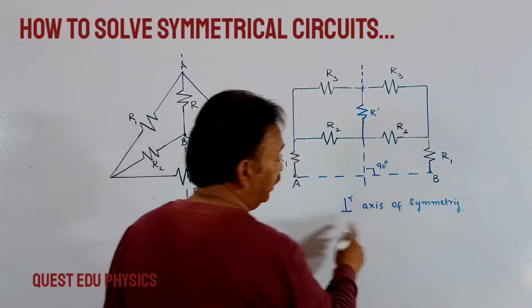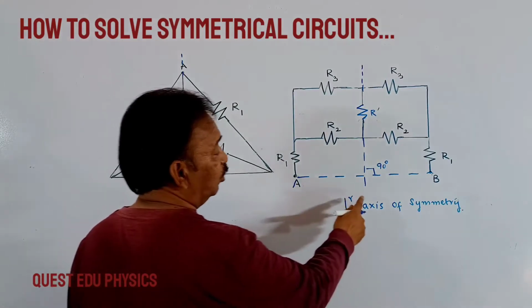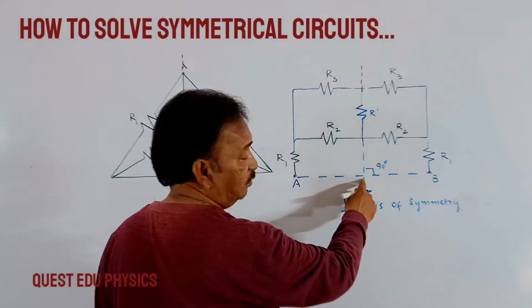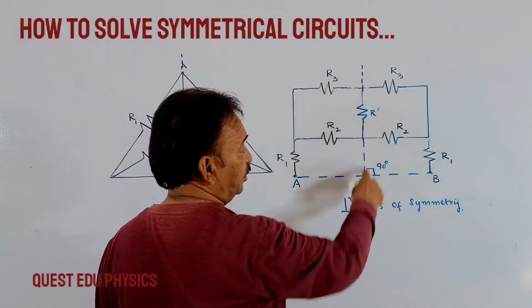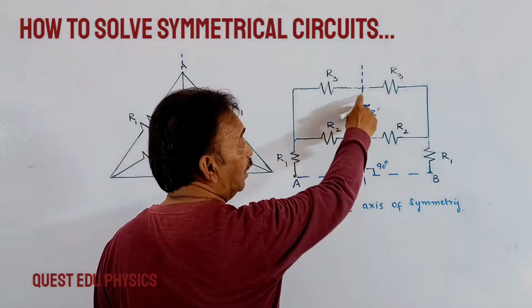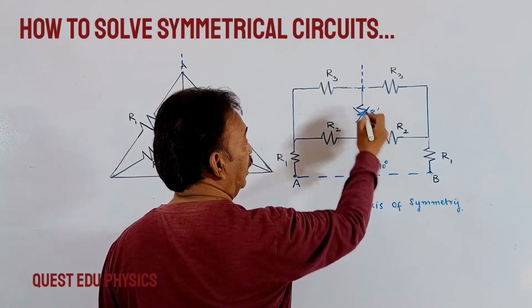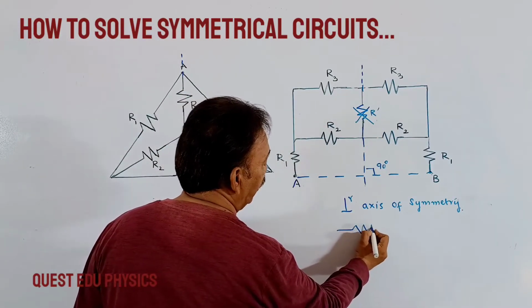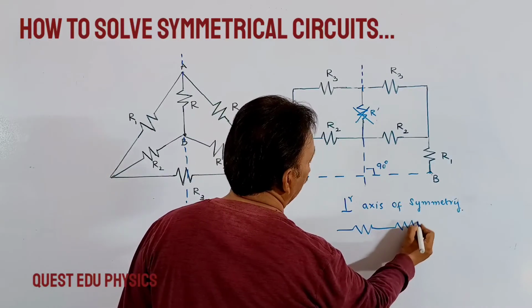Students, in such cases, you have to remove the resistor which is parallel to the axis of symmetry, and then I am redrawing the circuit after removing that resistor.